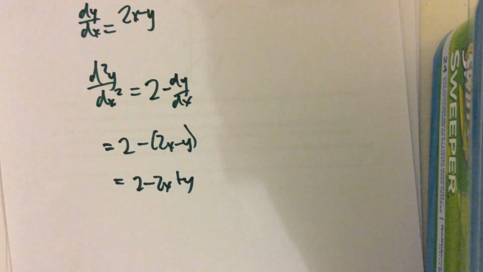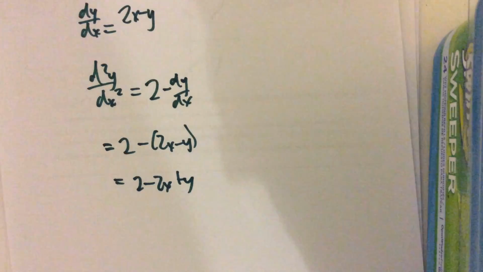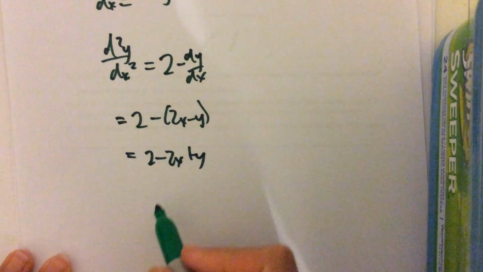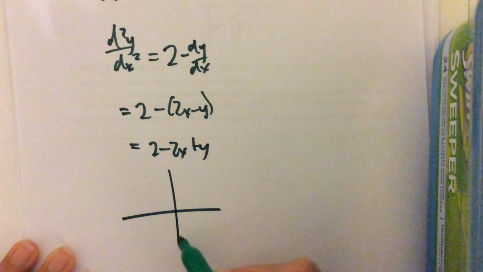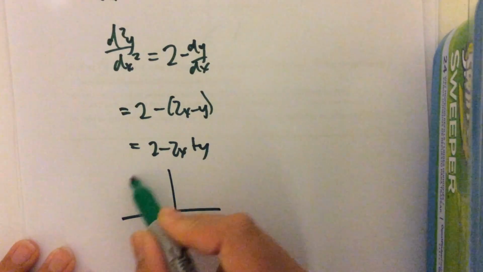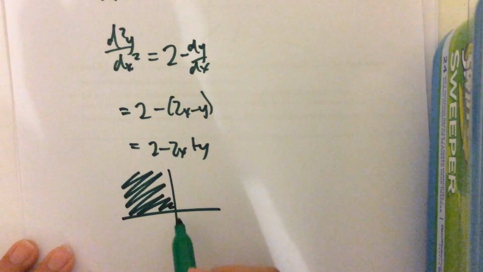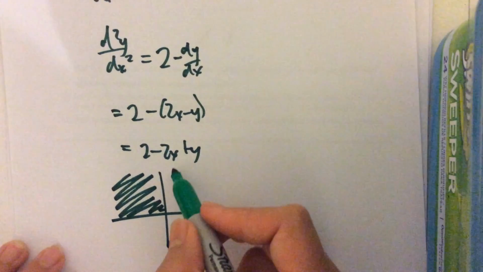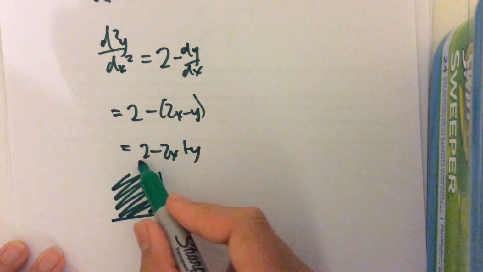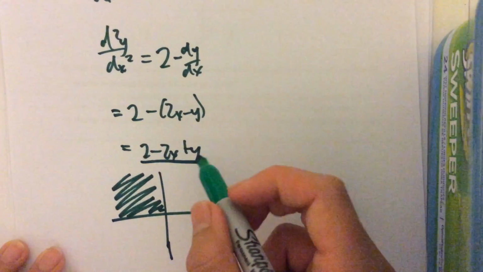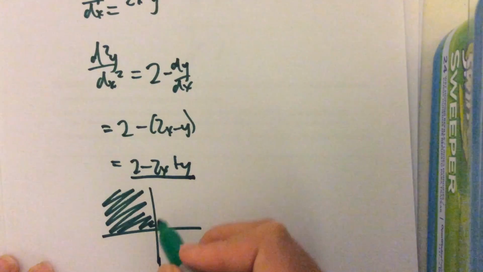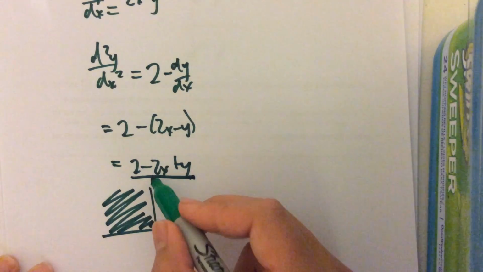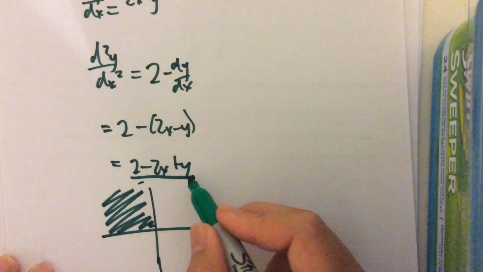We know that when the second derivative is positive, it will be concave up, and when the second derivative is negative, it's concave down. When it asks for the second quadrant, it's very simple, because we can see that x is always negative and y is always positive. If we plug that into the second derivative, the resulting number is always positive, because a negative x times this negative makes it positive, and y is always positive.